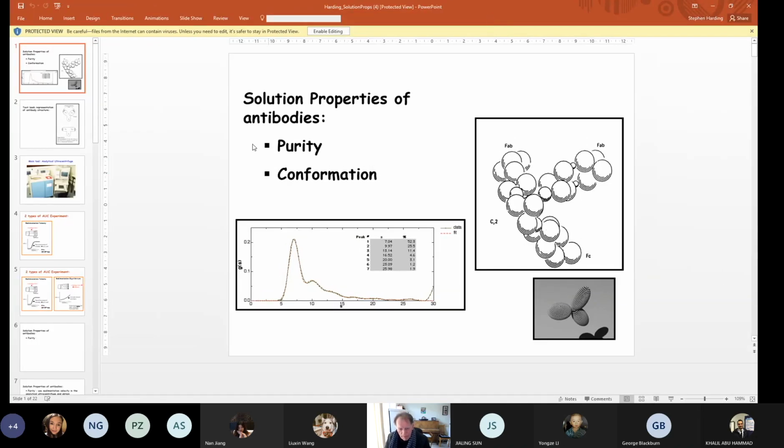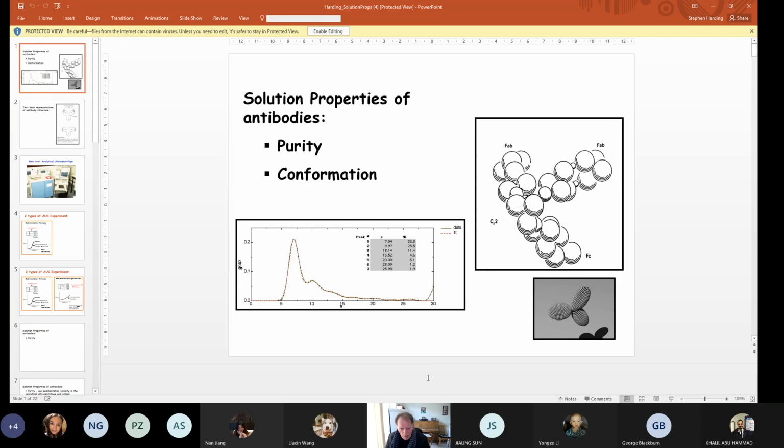So purity, including presence or not of aggregates, and conformation. Purity in terms of these distribution profiles. So this one here will be a very impure antibody preparation because of the presence of multiple components presumed to be aggregates.